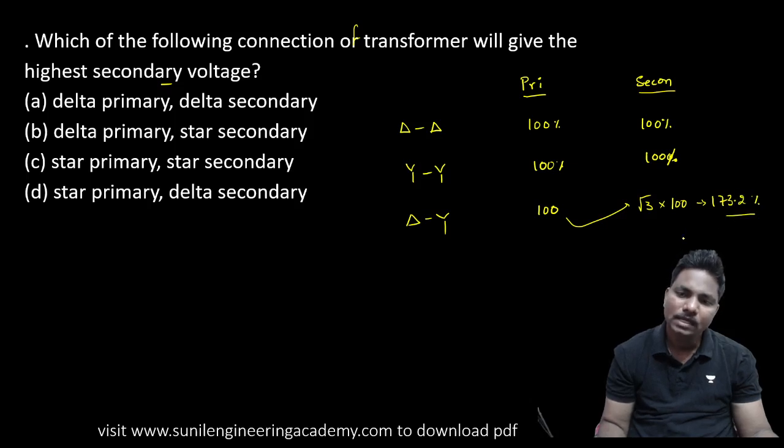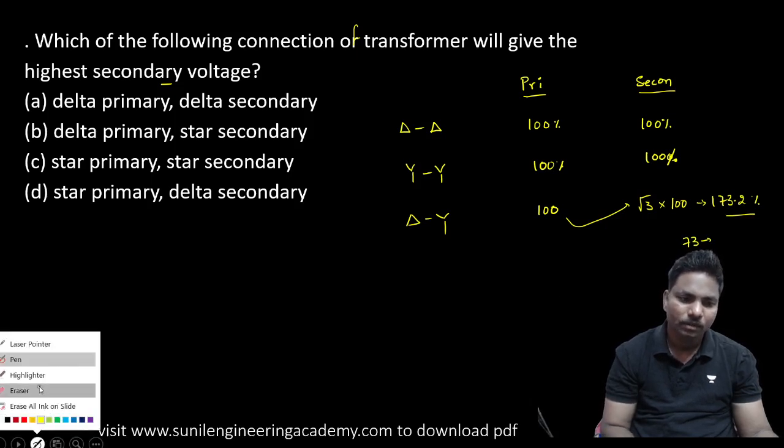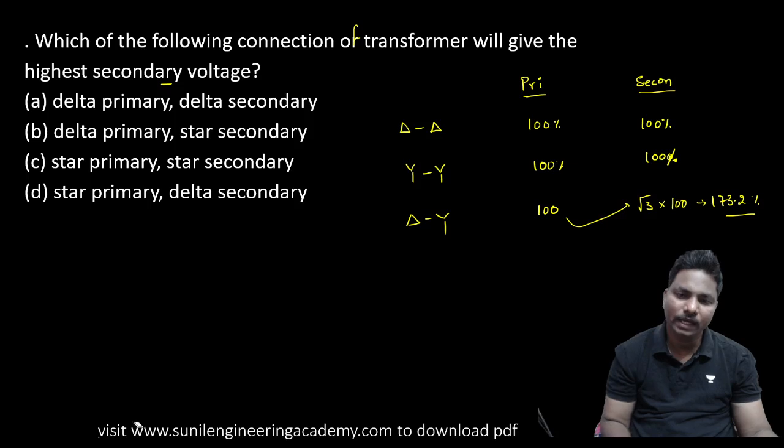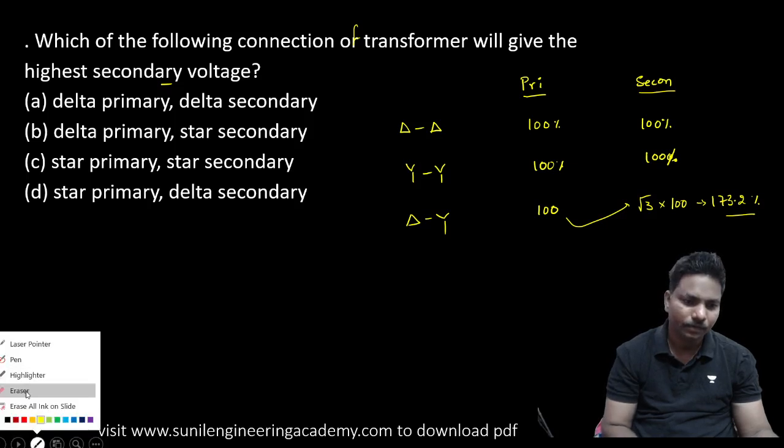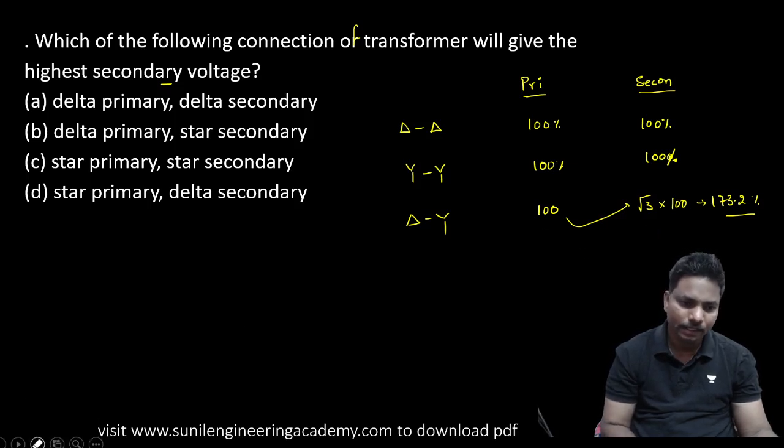So that means you are getting 73% higher. So here you can get a high secondary voltage possible. So delta to star gives the highest secondary voltage.